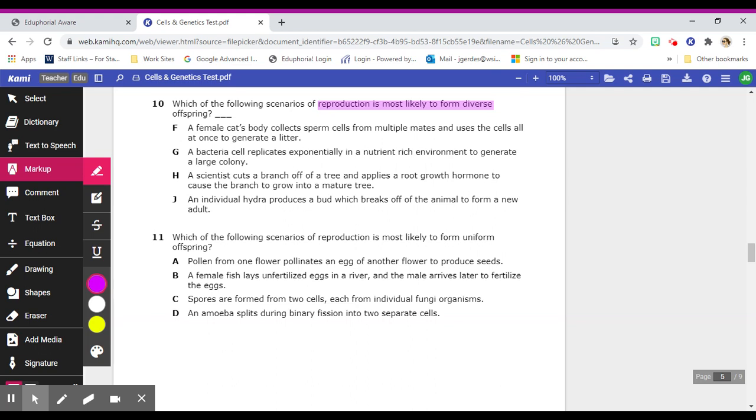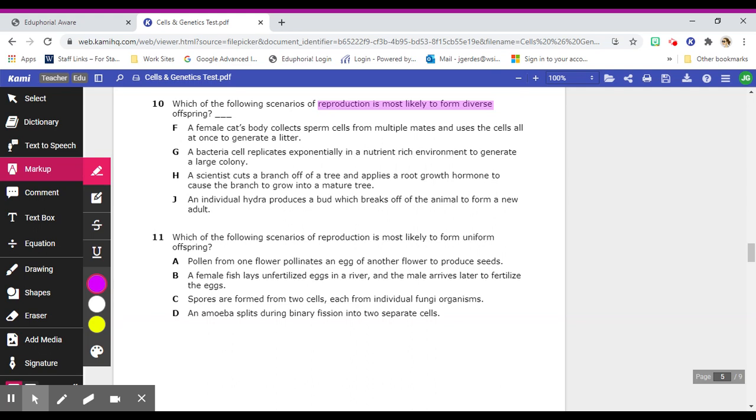Okay, G, a bacteria cell replicates exponentially in a nutrient-rich environment to generate a large colony.